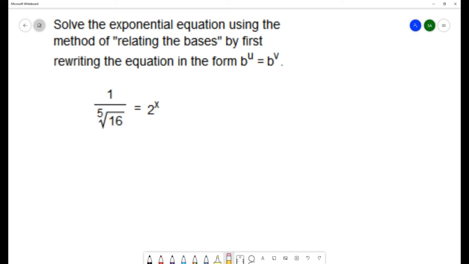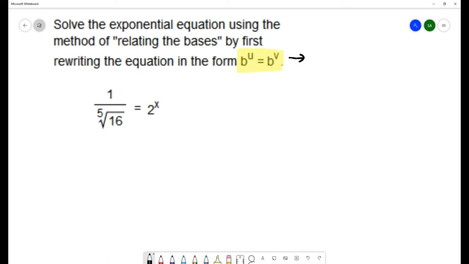So before we start solving that equation, let's talk about this method that we're using of rewriting the problem as b to the u equals b to the v. When we write the equation in this format, we're going to be able to apply a property of exponential functions called the one-to-one property.